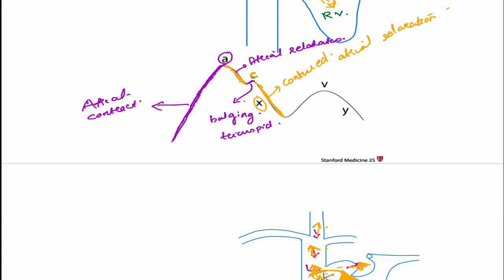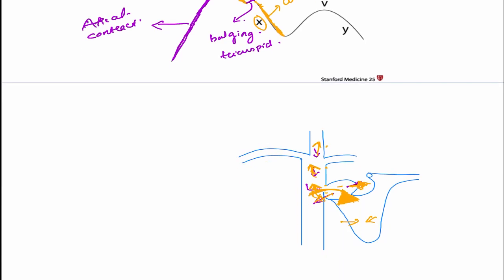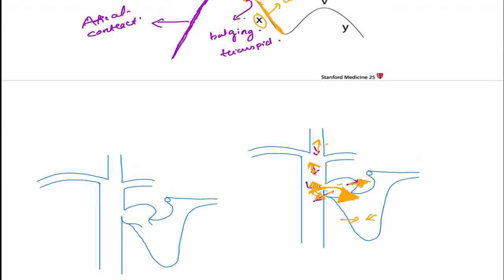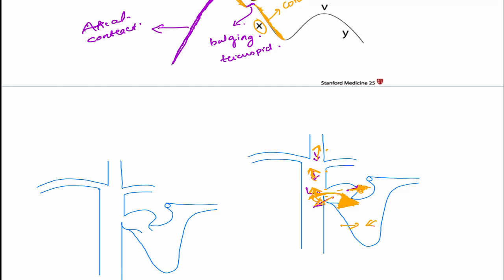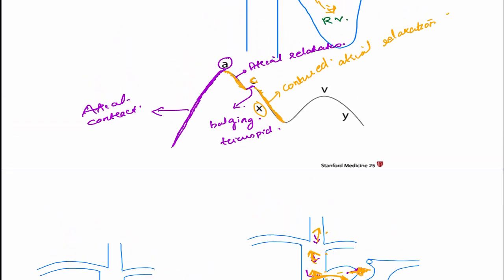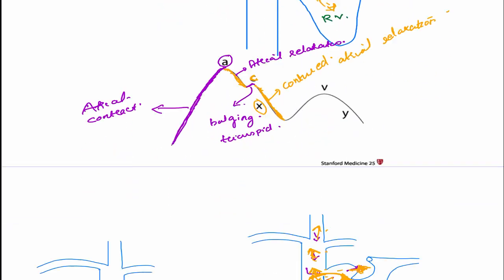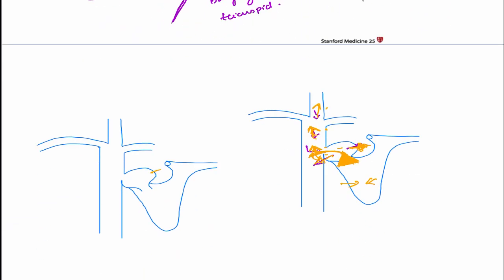Okay, continued atrial relaxation, the atrium is still relaxing, no problem. Okay, now what happens in the next stage? In the next stage, the atria is completely relaxed. Okay, now this valve is closed, but something else is also happening. There is venous return.